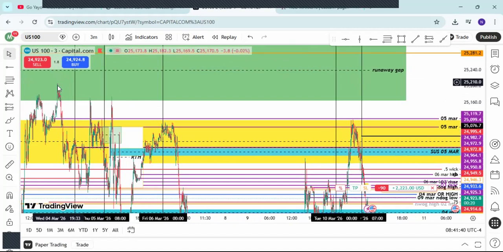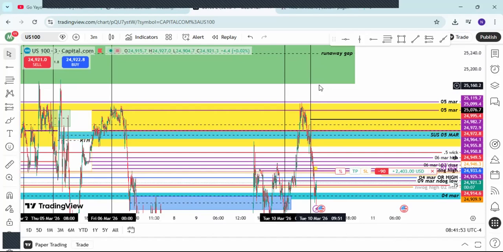Okay, this is Asian buy side here. This is AM buy side here. And then this is London buy side. So you have a pool of liquidity resting right there. But also remember, it need not return there.